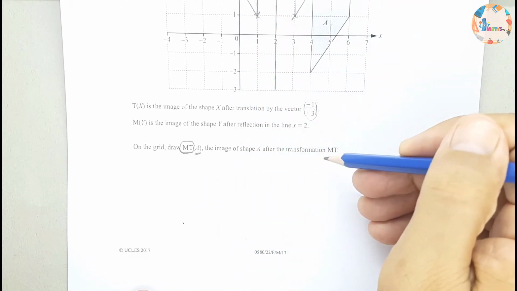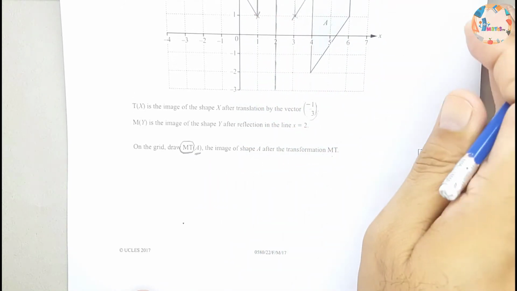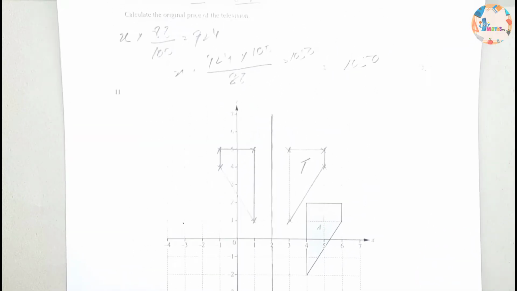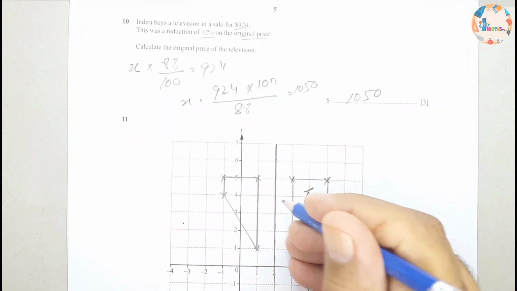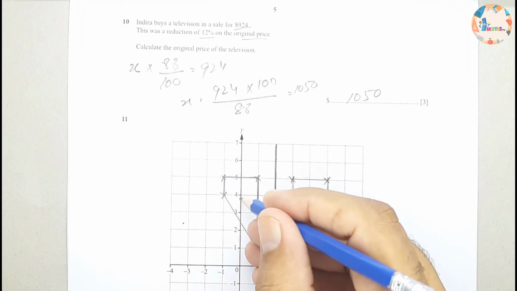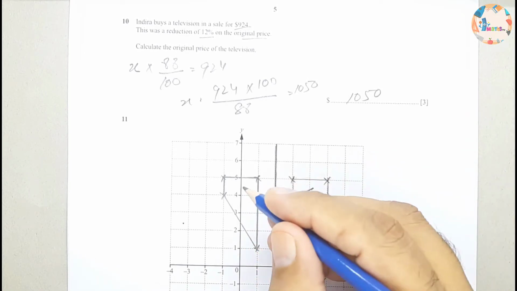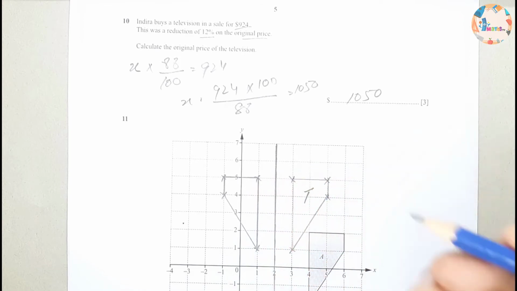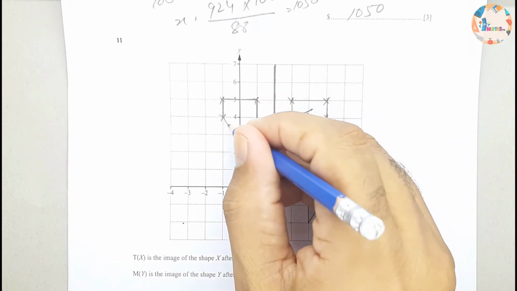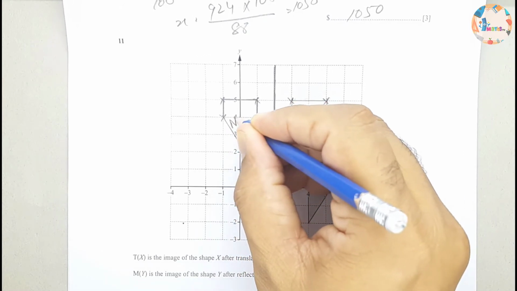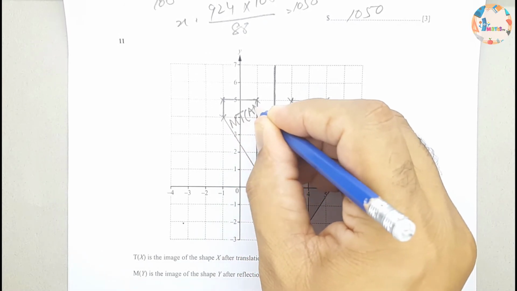So the image of A after the transformation MT. So these are two separate transformations which I have explained. So directly if you transform with this MT, you will reach over here. So this will be the final image. So we can write MT of A, like that.